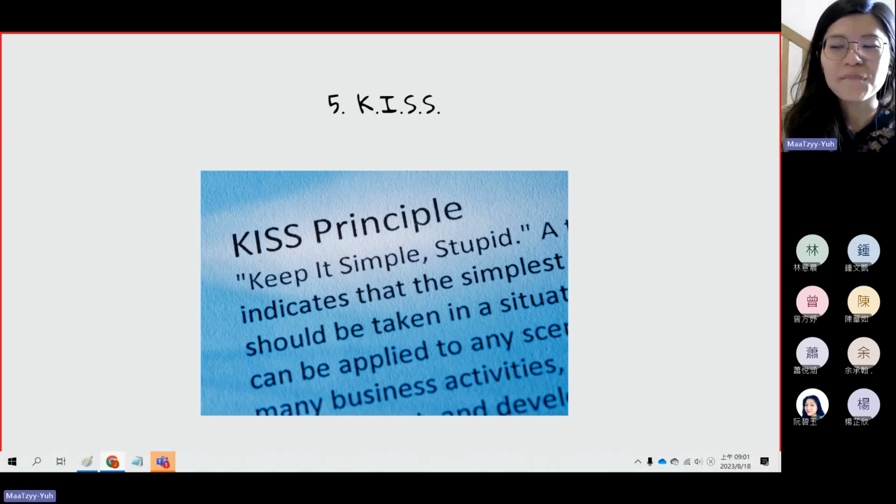This is something for your class design as well, for your lesson plans. The kids cannot understand or learn too many things at a time. So please keep it short and simple, and make sure that everyone is following you.